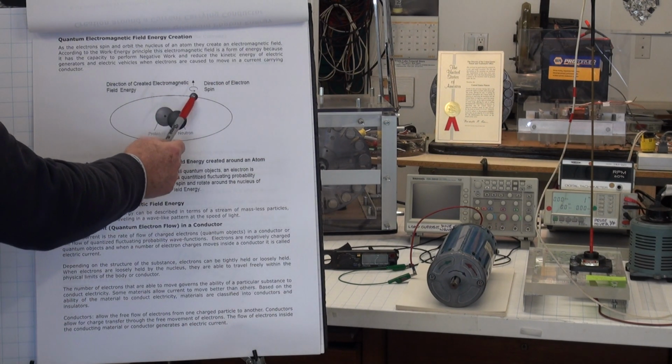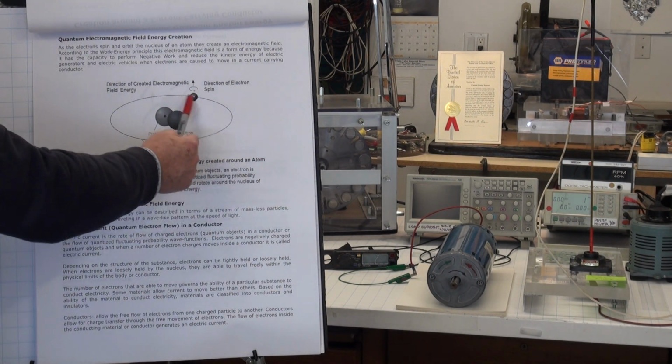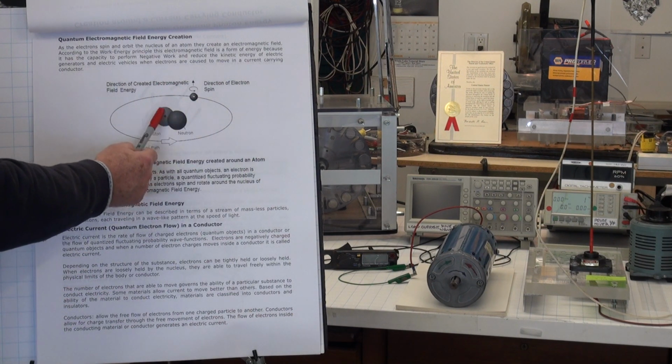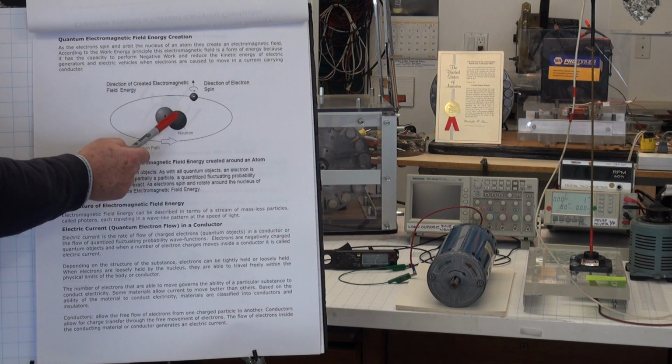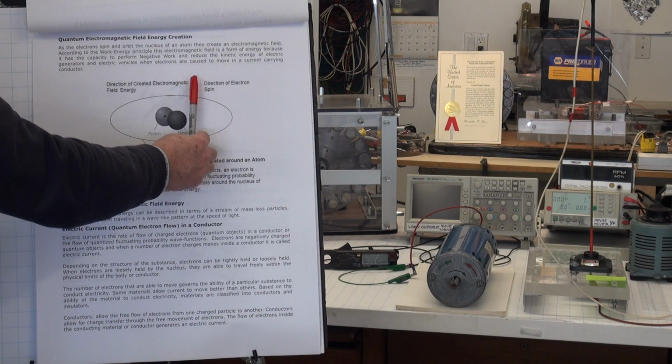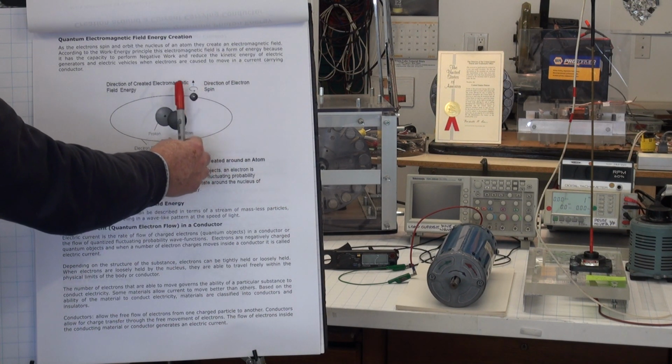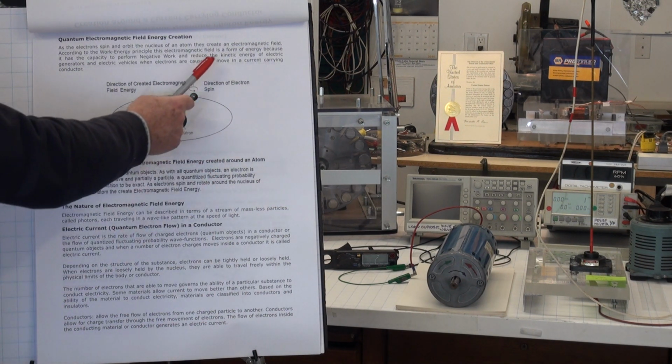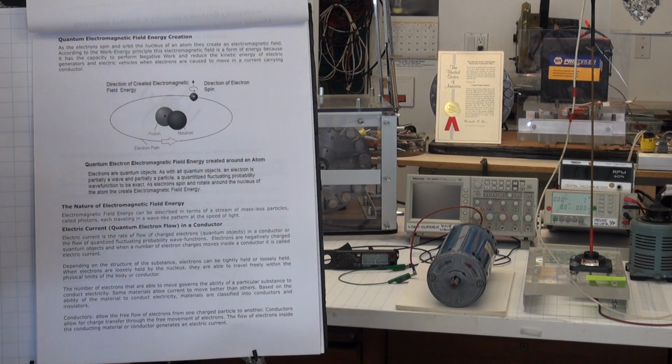So, as the electron spins around the nucleus of the atom, which is made up of a proton and a neutron, it's also spinning on its own axis, and this produces an electromagnetic field.